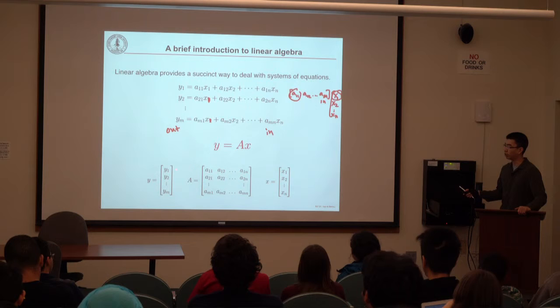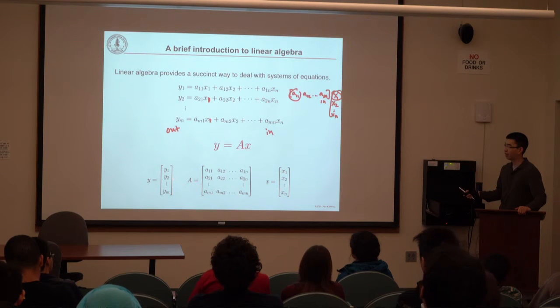And this all equals y1. Then y2 will equal A21 times x1 plus A22 times x2, et cetera.